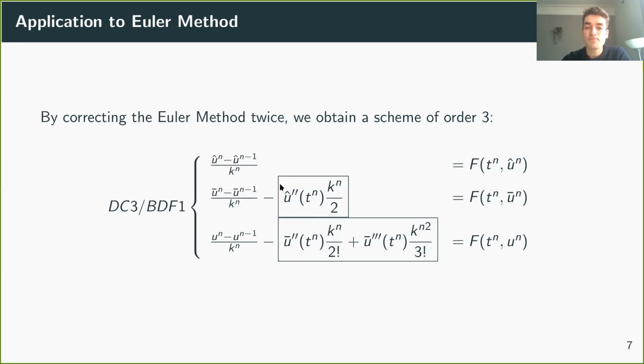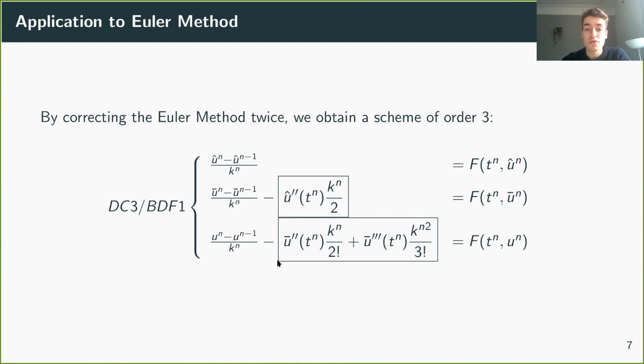So with this correction, we correct anew the Euler method, and it forms a new method of order 2. So now we have a new solution U bar that is of order 2, and we can make the same correction again.